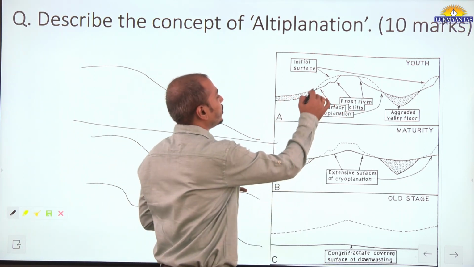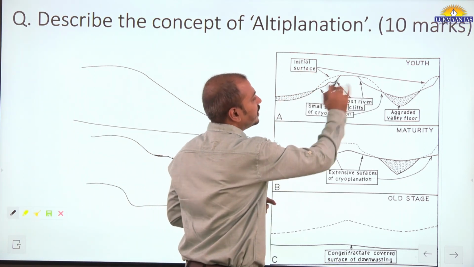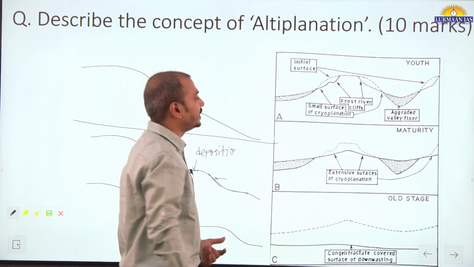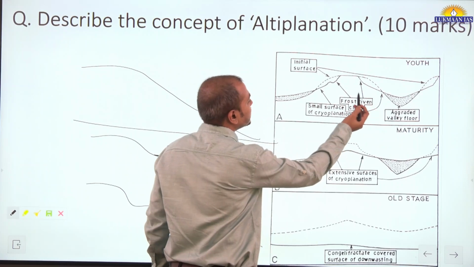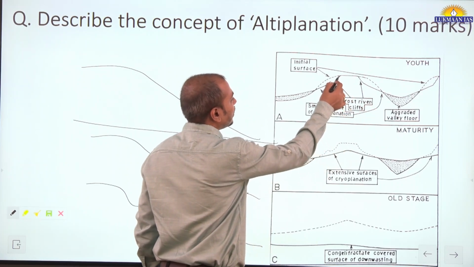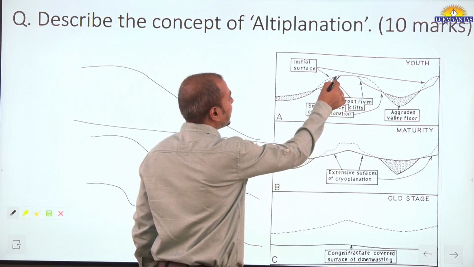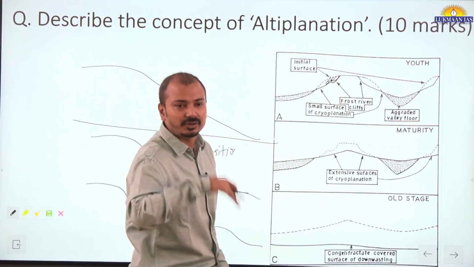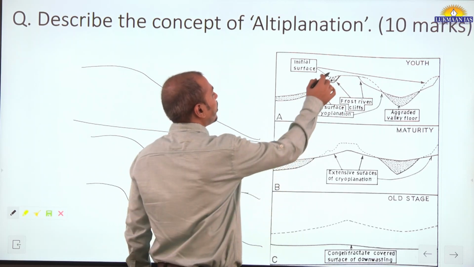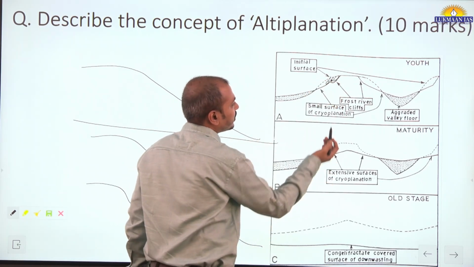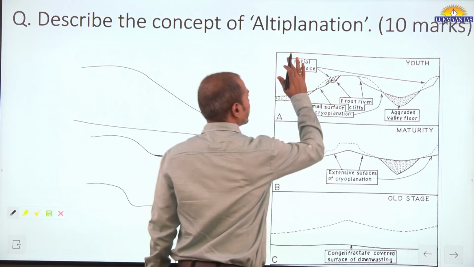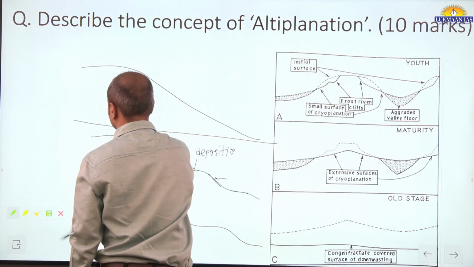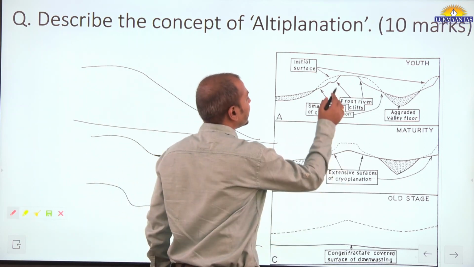Initially you can see the dotted line is the initial surface in the youthful stage of the periglacial cycle of erosion, and you can see that these cliffs are worked out by the glaciers. So glaciers are continuously eroding in the topmost region, and you can see the kind of work being done by the glaciers.